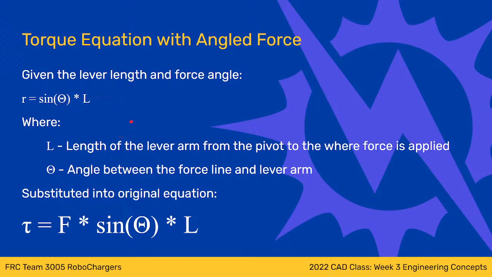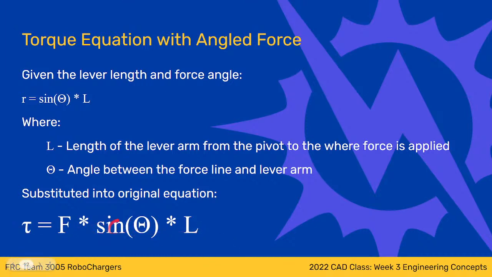And so if we take this little bit of the equation and replace it with r in the original equation, which was just F times r, then we get this equation here, which is still pretty simple.